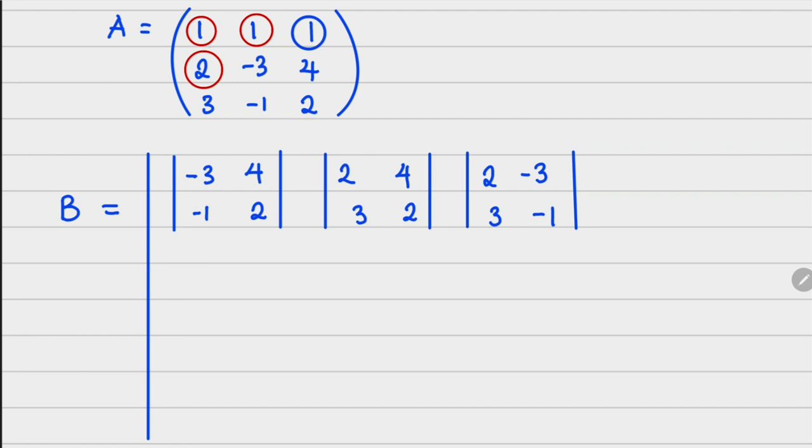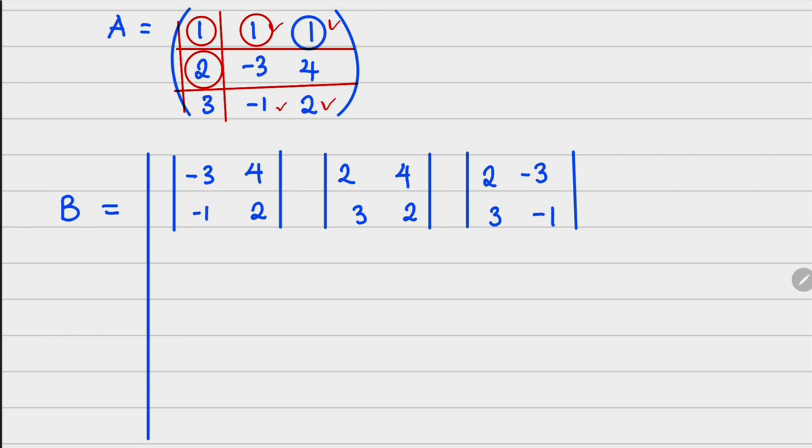So I'm going to cover 2. Once I cover 2, now let me show you this. It means that everything that has to do with 2 is taken off. So what is going to happen here is that we are going to take off this row, okay, and take off this column. So if you check, what I'm going to be having will be 1, 1, minus 1, and 2.